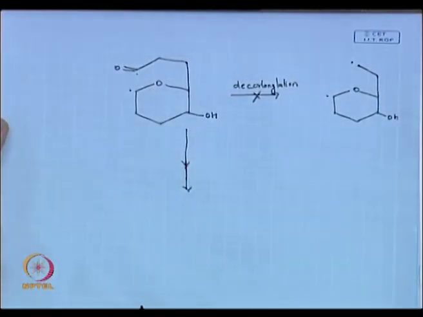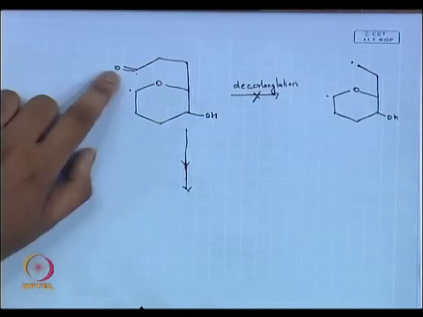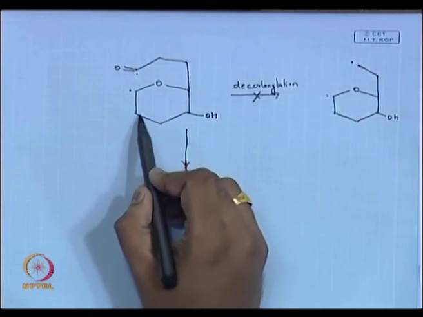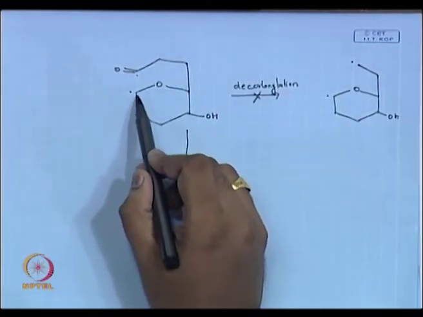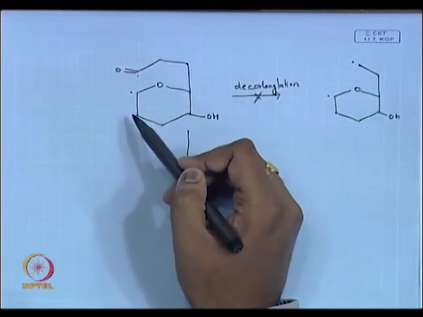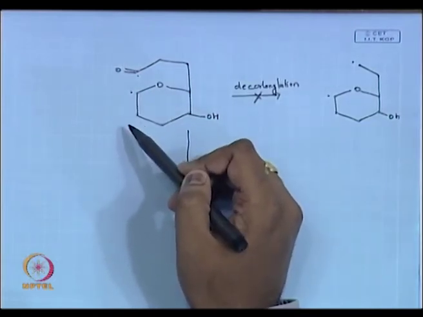From where can this take a hydrogen? You said the acyl radical can take, no? So tell me which hydrogen the acyl radical wants to take. It has to take from here only, then only you can generate an alkene. Do you think this is quite near for this guy to do this?